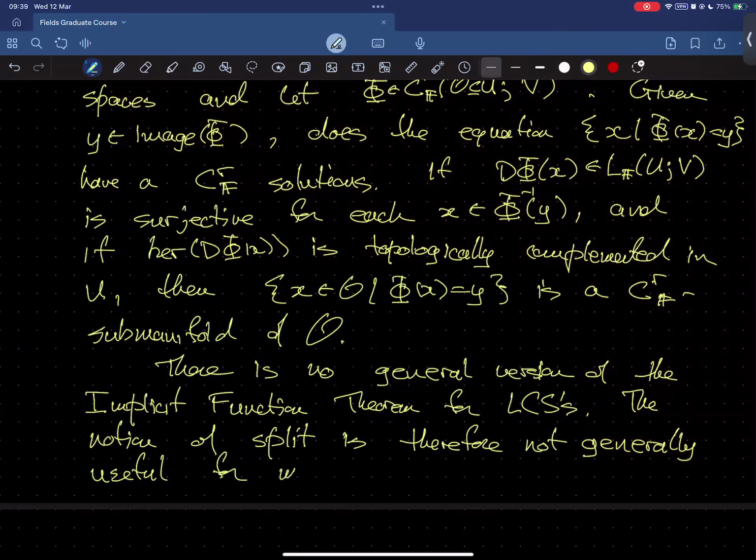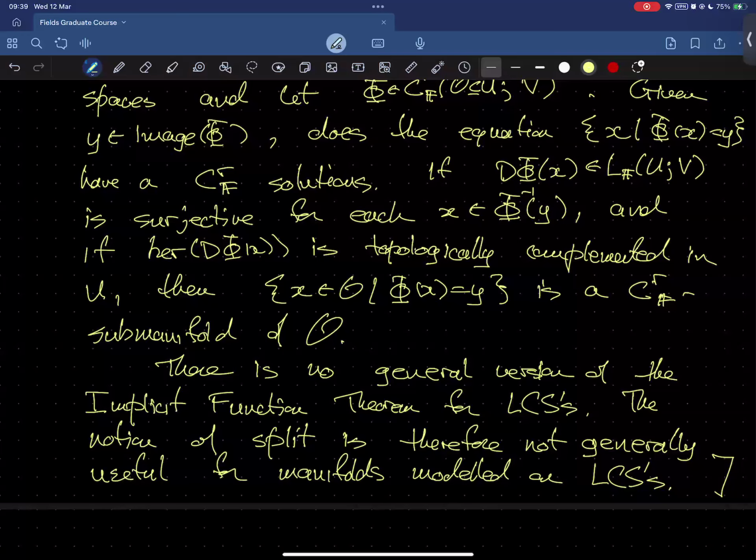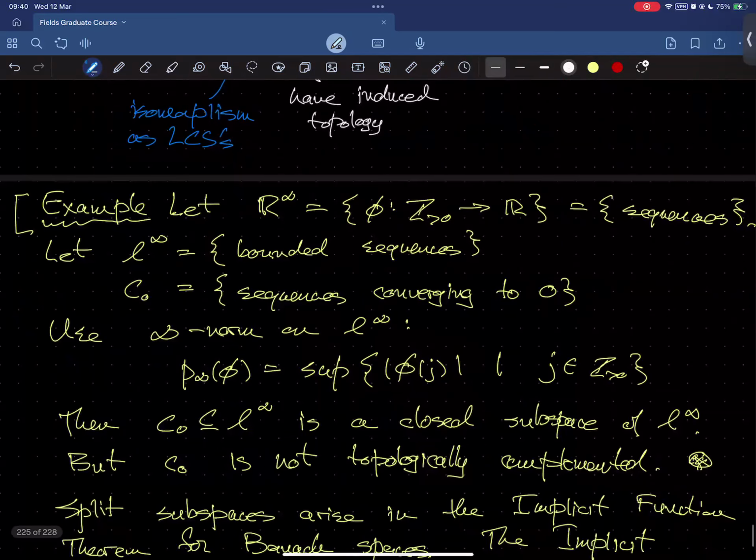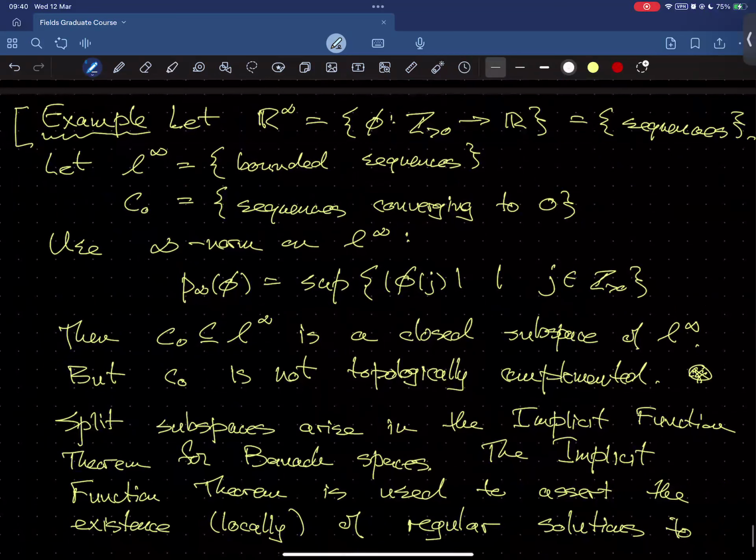So for manifolds modeled... Okay, so that's my sort of aside. So that's an important topic that I just kind of quickly touched on.